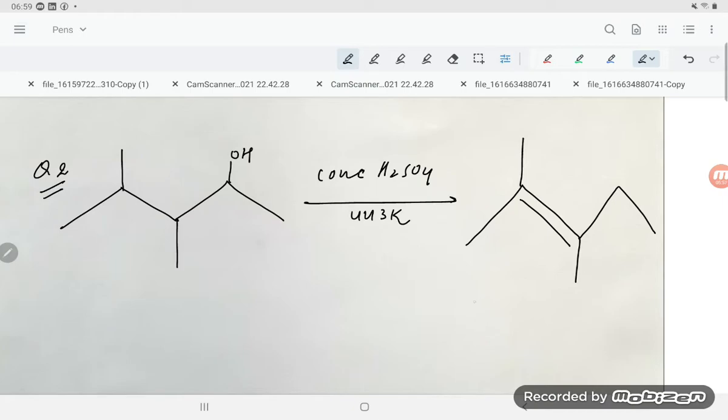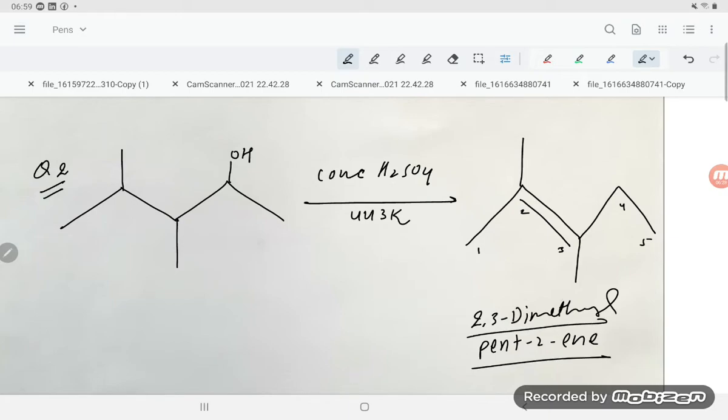Okay, this is 2,3-dimethylpent-2-ene. Now, students, this is 1, this is 2, this is 3, 4, 5. So 2,3-dimethylpent-2-ene is our product.